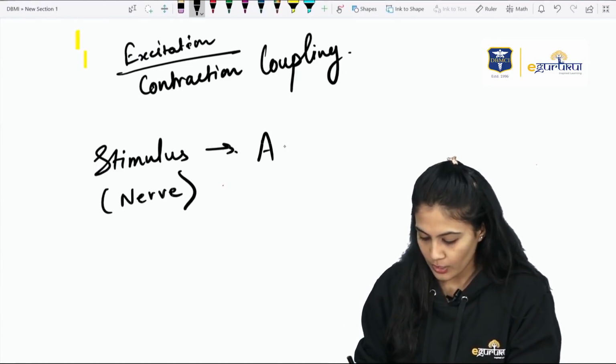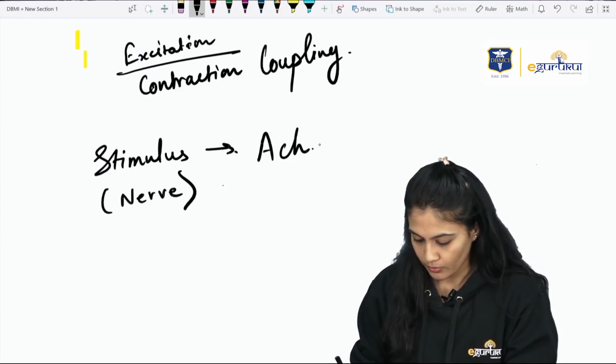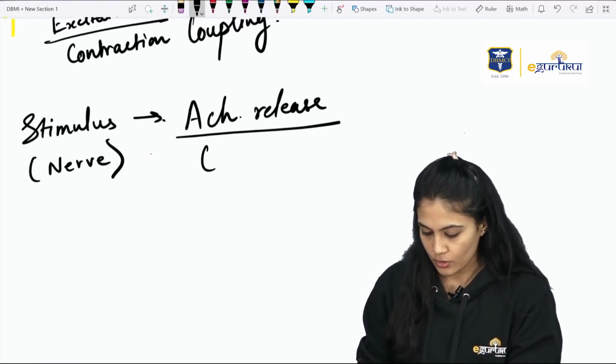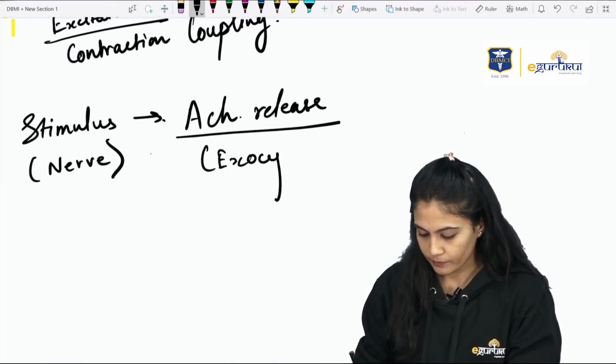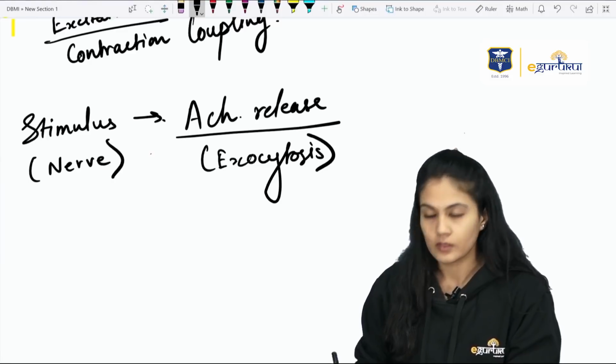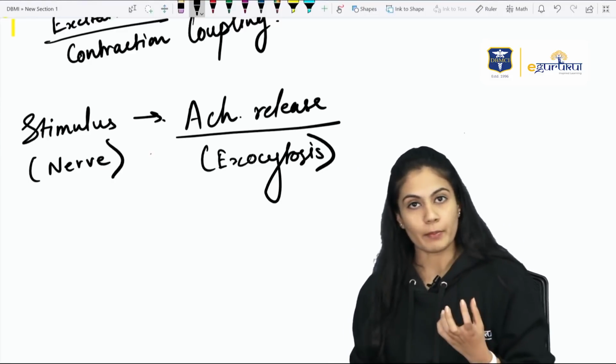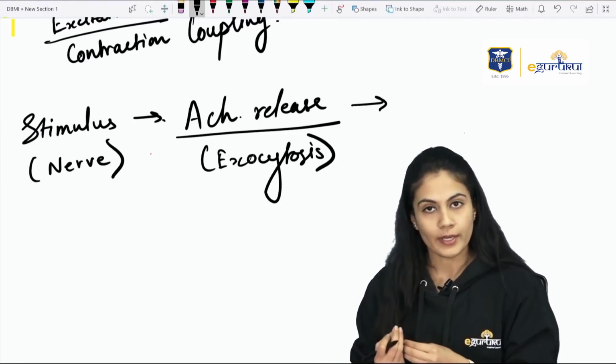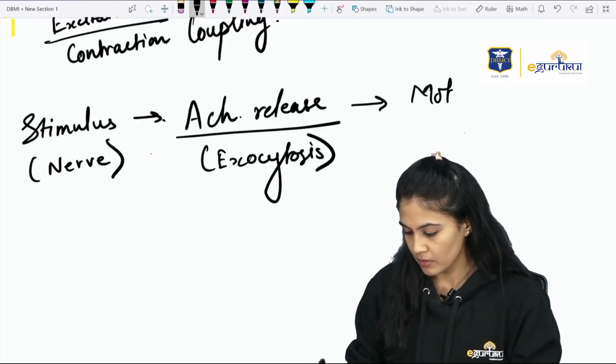Let's take any neurotransmitter, let's take acetylcholine. After the stimulus, acetylcholine will be released via exocytosis from the presynaptic membrane, and that is going to go and attach to the motor end plate in the skeletal muscle.